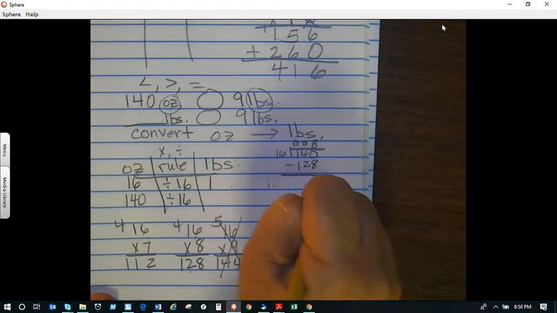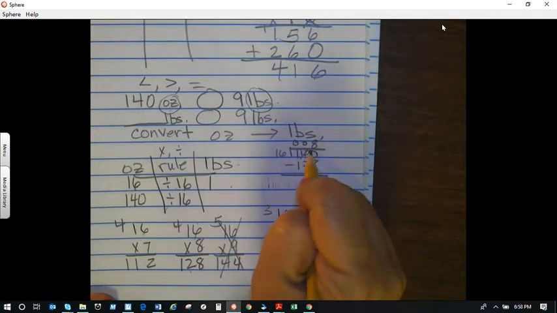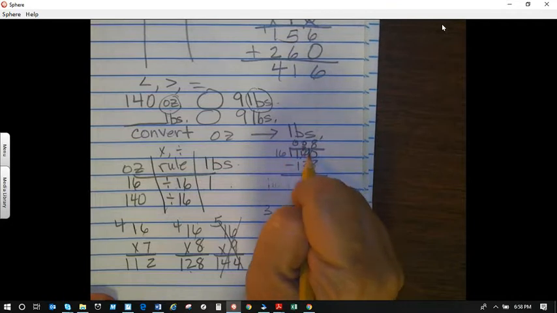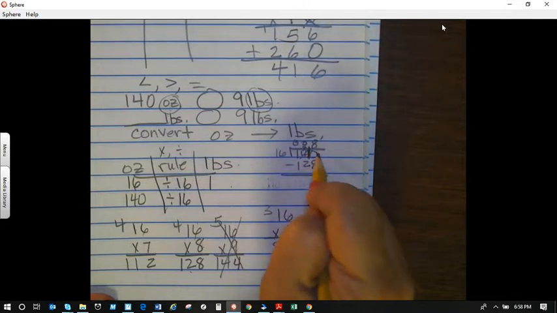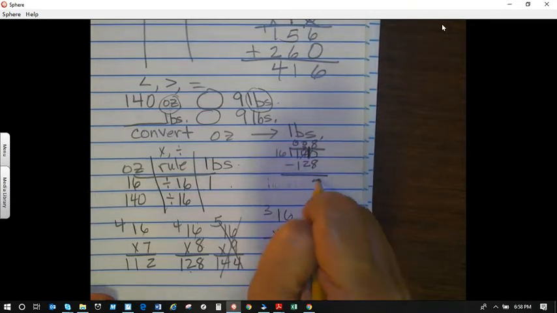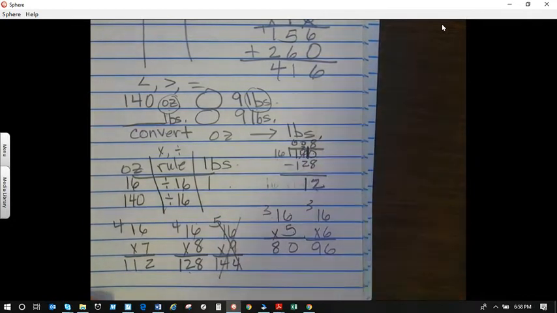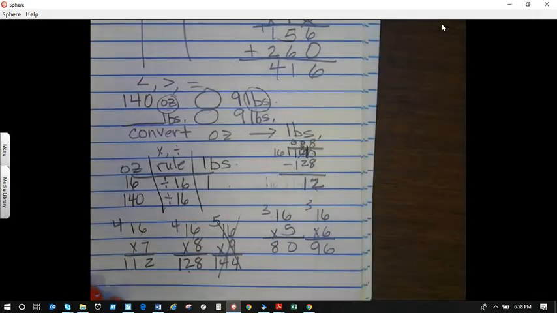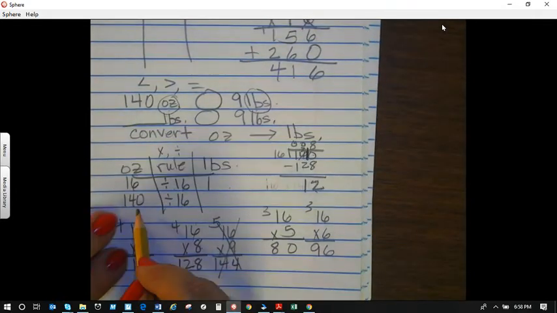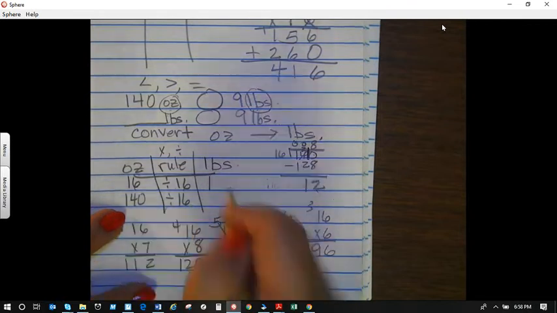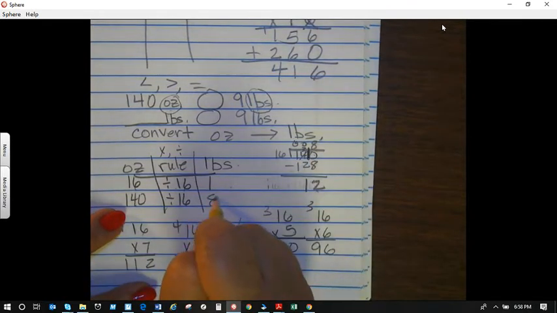And I'm going to regroup. Take one group away from the 4. That makes it a 3. That becomes a 10. 10 minus 8 is 2. 3 minus 2 is 1. Okay, I'm done. So I know that 140 divided by 16 is going to be 8 pounds.